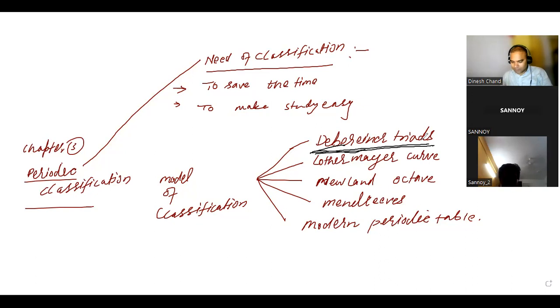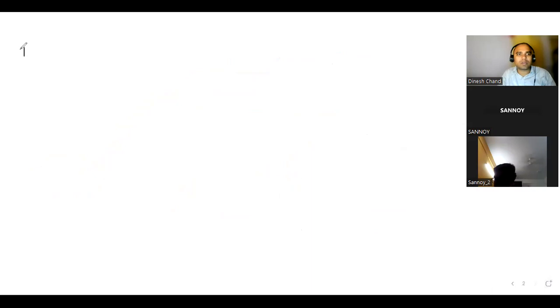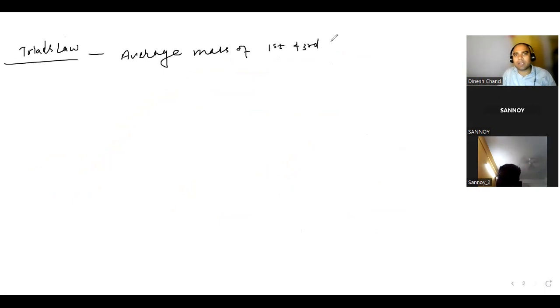Sir, I don't remember the law. The law said that the average mass of the first and last element, have you heard about the Triads law? No. He said the average mass of the first and third element must be equal to the mass of the second element.